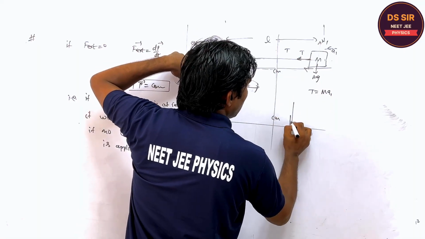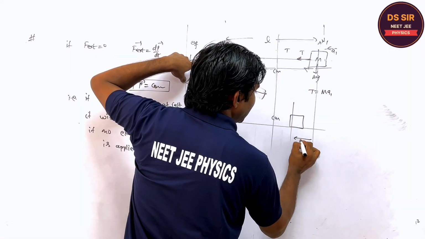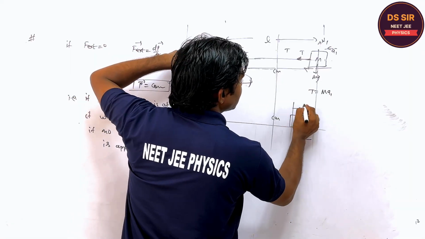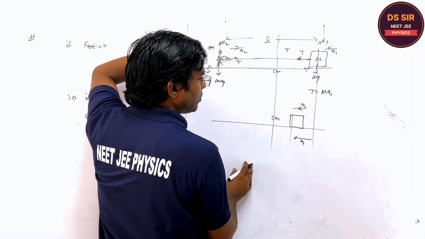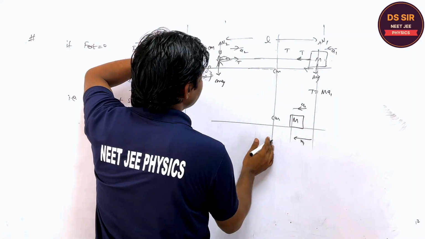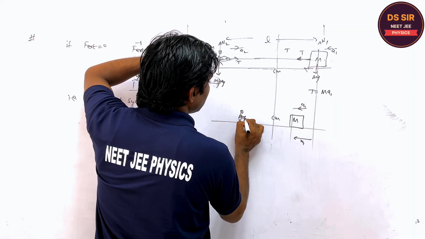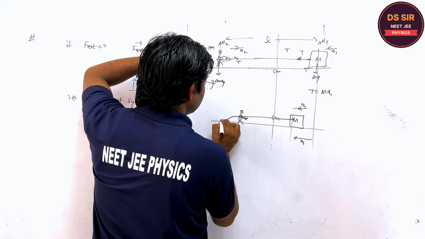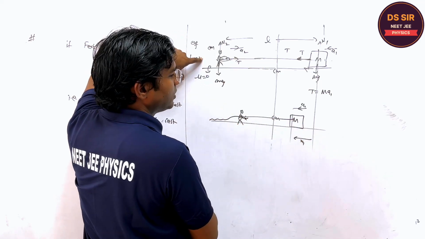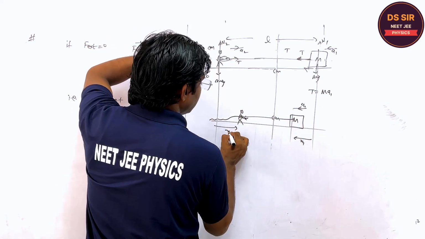If this block moves by distance x1 with acceleration a1, the center of mass will remain in its position and the person will also move this way, and this is the remaining string, such that this is x2.